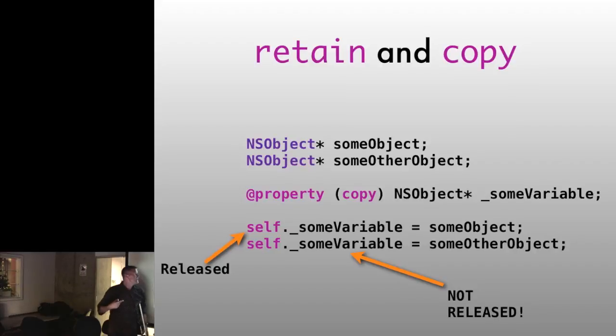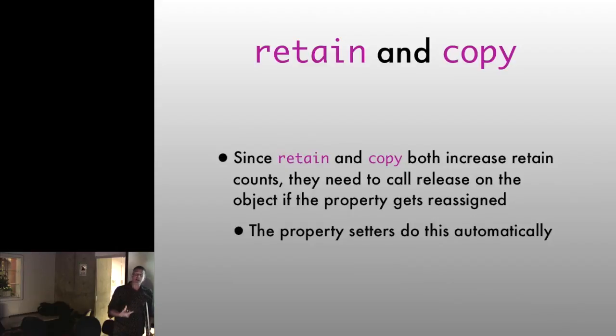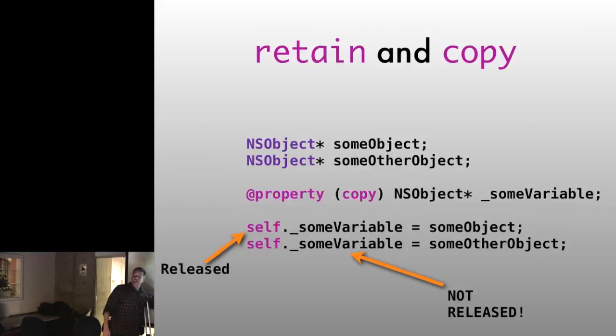So you need to make sure that you balance retain and copies with releases. If you keep setting the same variable in a row, it's going to call release on the old values under the hood.